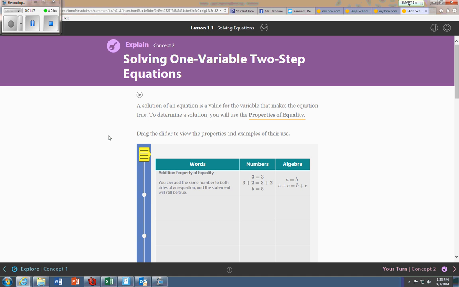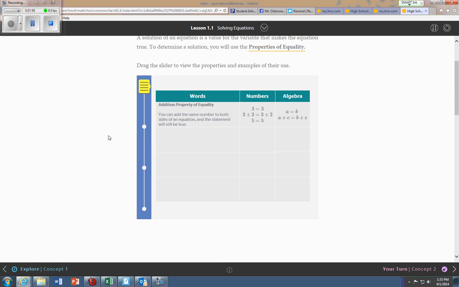The solution of the equation is a value for the variable that makes the equation true. To determine a solution, you'll use the properties of equality. The properties of equality include the addition property of equality, which means I can add the same thing to both sides and keep the equation true.